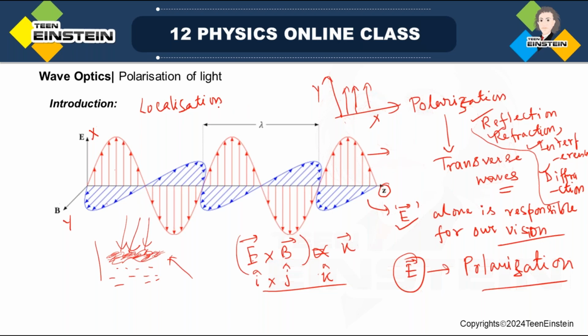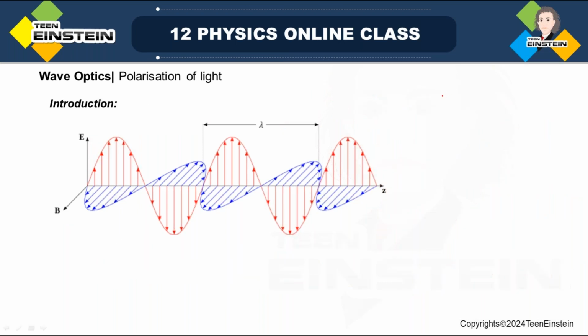Now I'll come to the next point. What we have discussed here is what polarization is. Polarization is confinement or localization of light in a particular plane, and polarization is seen only in the case of transverse waves.